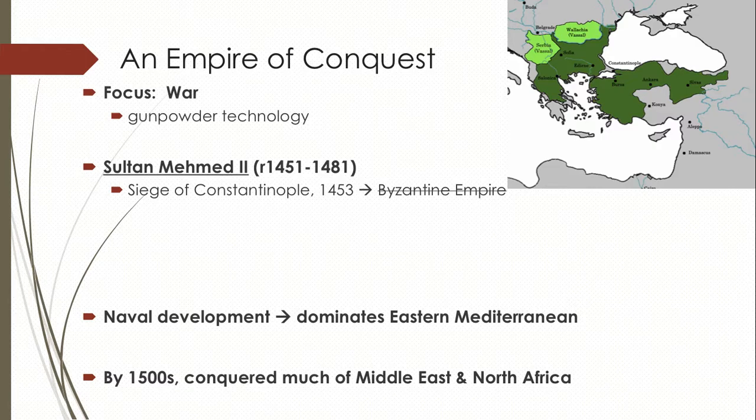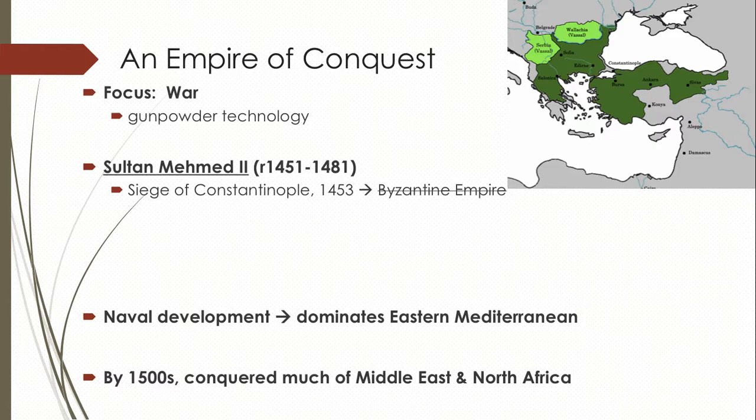And this is best seen under Mehmed II, Sultan Mehmed II, and also one of his successors, Suleiman, known as the Magnificent. Anyhow, 1453, using that gunpowder technology, their massive cannons, they blasted down the triple walls of Constantinople, what had basically made them invincible up to this point.